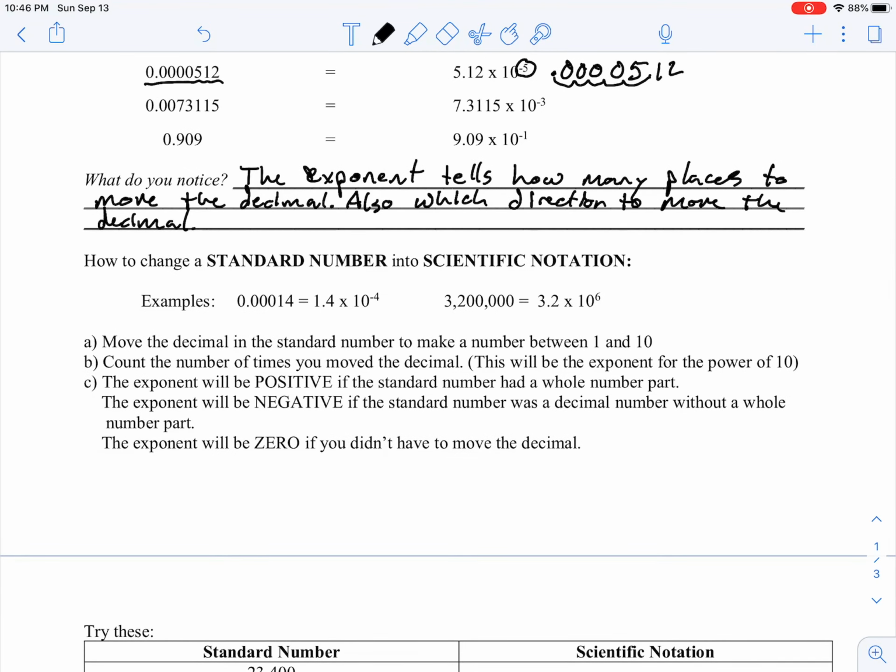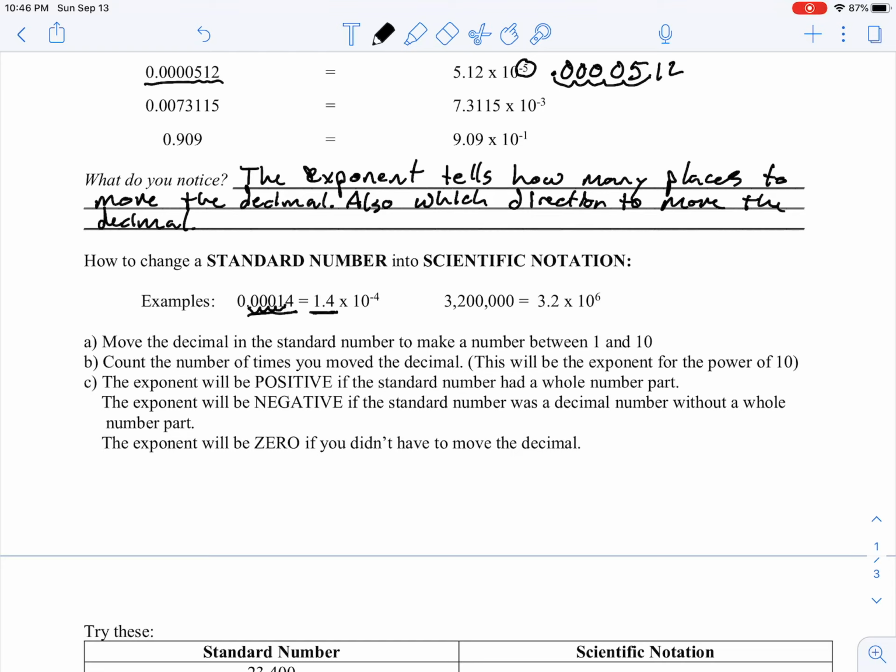So pretty easy here to change a number into scientific notation. So here we have our 0.00014. Well, first we've got to change our number to a number with a whole piece and then our decimal spots. So we've got 1.4 here. This 0.00014 was changed to 1.4, and we've got to see how many places would we have to move our decimal to get back to where we started.